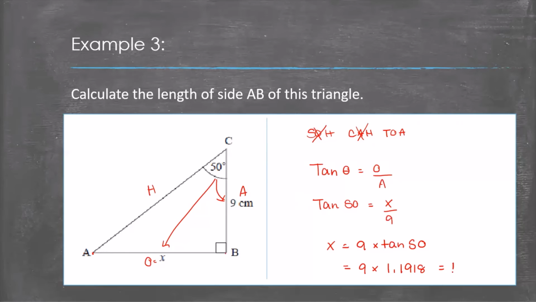And I get 10.773. You'll notice this is the length. This is my final answer. So I've got no decimals here, so I would say this is equal to 11 centimeters, matching the precision of the question.